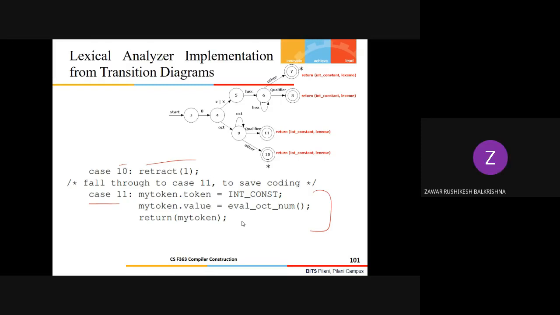Sir, in retract, do we also take the pointer position to the previous character, or did we just save it and not move to the previous character? So you have to make sure, assuming that you are using, let's say, a twin buffer in your implementation. There are two pointers: one is the forward and one is the backward pointer. Your point is valid, that you just need to shift the character back to the input stream.